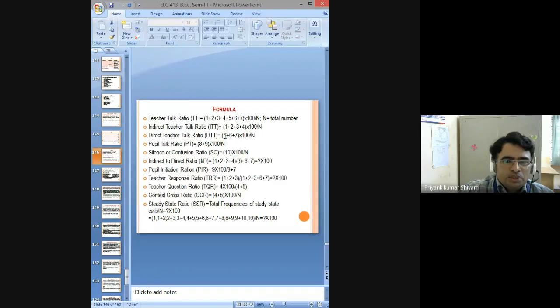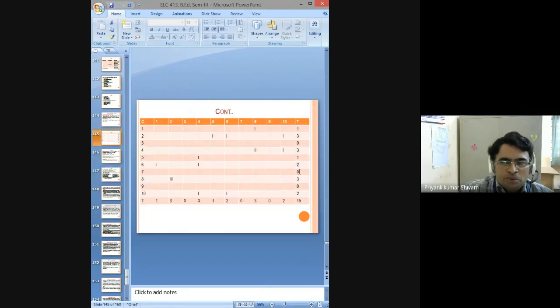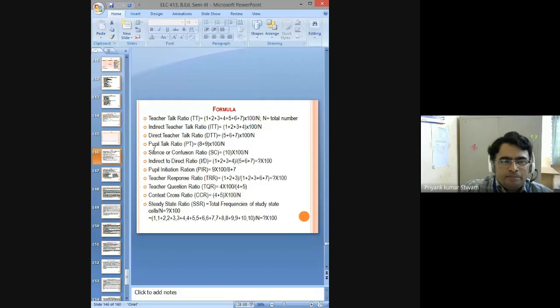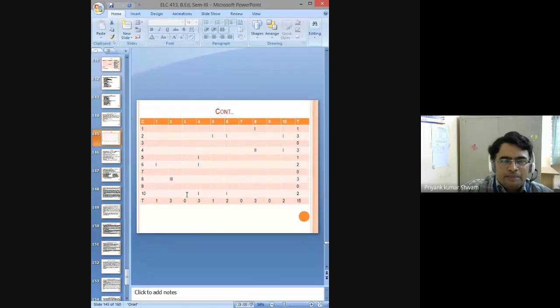In teacher talk ratio, you have to put the value of the 5, 6, 7 categories. What is the value of 5, 6, 7? 1, 2, and 0. So you have to add 1 plus 2 plus 0 divided by 15 into 100. Then pupil talk ratio, you have to do like that, 8 plus 9. Now see, 8 plus 9: sorry, 8 equal to 3, 9 equal to 0.